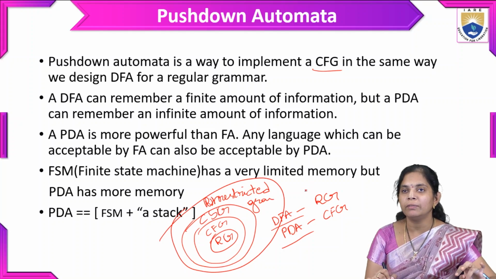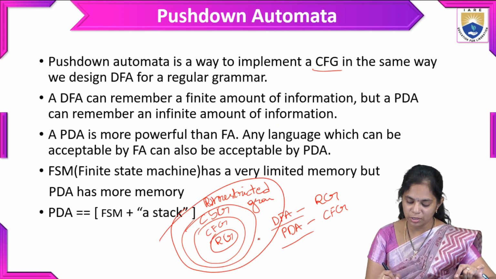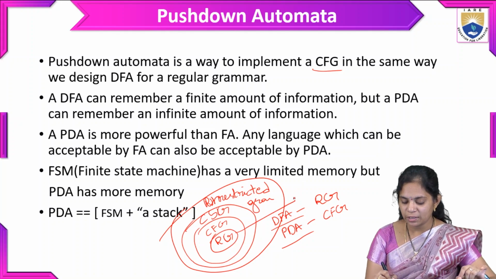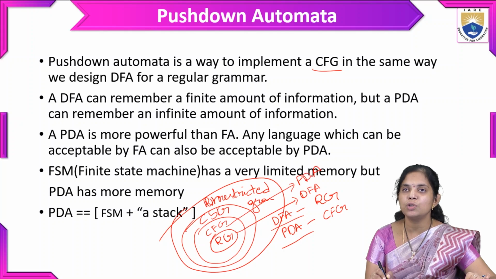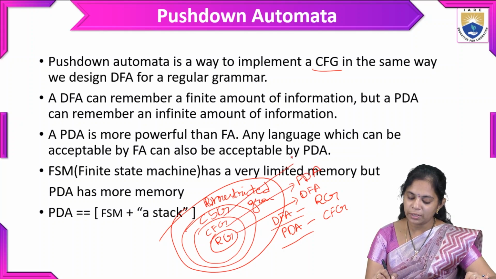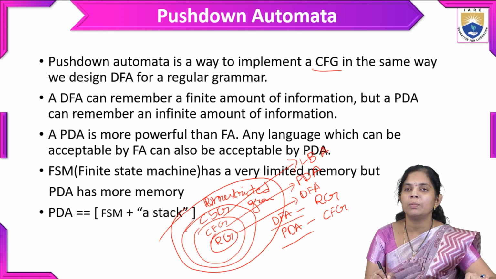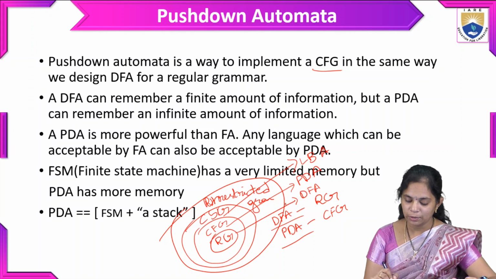So with these grammars, we can construct the machines. For regular grammars, we can construct a DFA, deterministic finite automata. With the context-free grammars, we can design PDA, pushdown automata. With context-sensitive grammars, we can construct linear bounded automata.